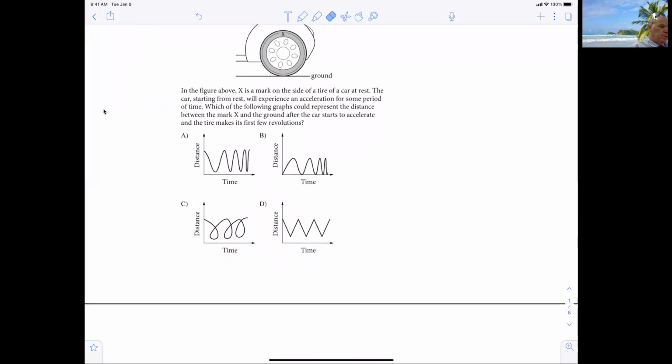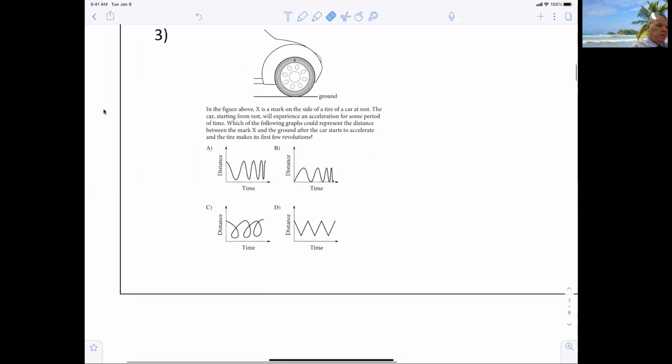All right. Number 3, I thought. Now, again, which one doesn't make any sense at all? C, right? Doesn't make any sense at all, right?